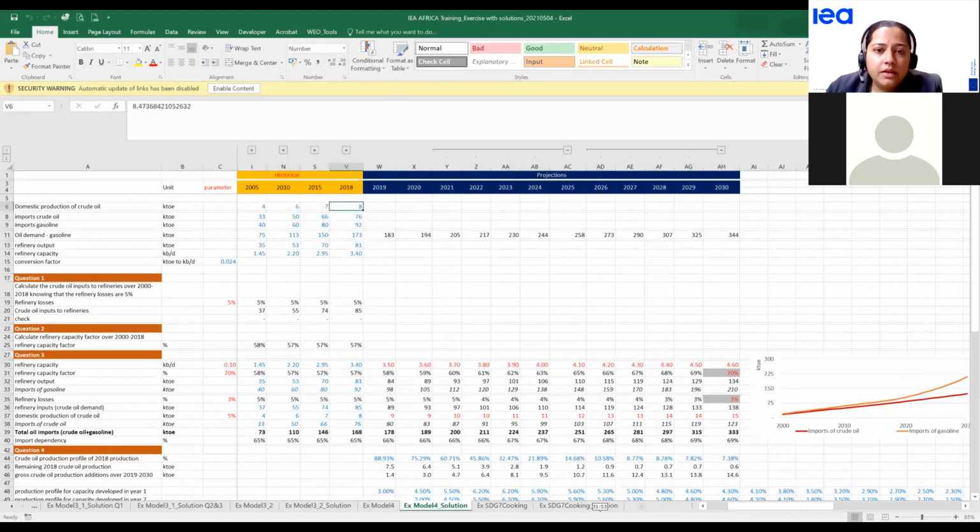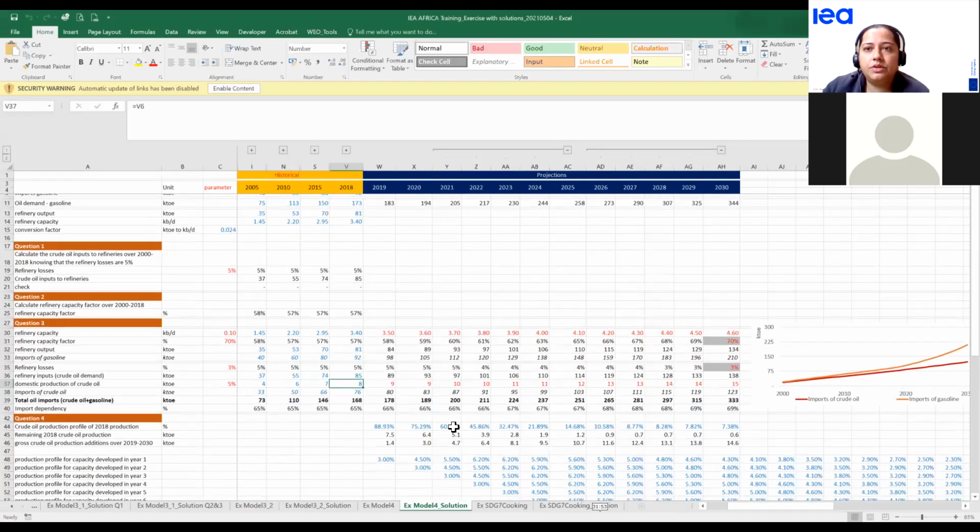And so we can deduct the amount of the values for the future oil production from 2018 production. Then as we know the future total domestic production of crude oil. So here we know the amount of crude oil production. Then we can deduct how much production needs to come online from new fields added to the 2018 remaining production.